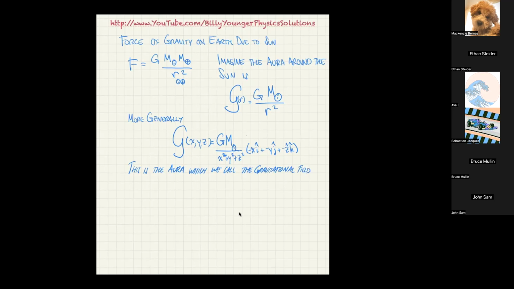Okay. Now, if you decided to say that F is equal to G of x, y, z times M, meaning you have to take the gravitational field and multiply it by the mass of the object at its position, then you would see that the force is now equal to G M this times M that over x squared plus y squared plus z squared times negative x i hat minus y j hat minus z k hat.